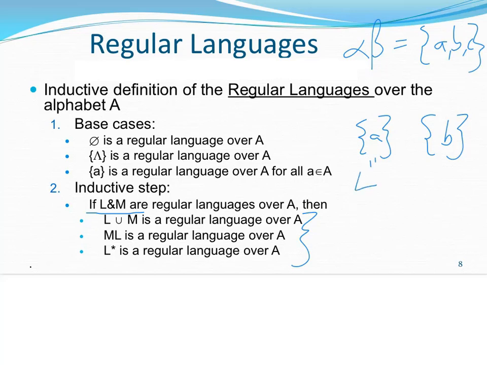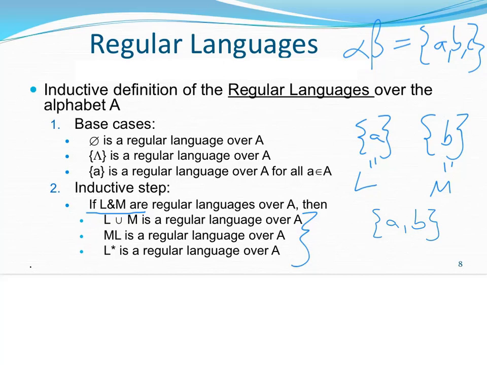We'll call that one the language L and that one the language M. This tells us that L union M is also a regular language. So what is L union M? Well, that would be the set containing these 2 strings, A and B. They do happen to be symbols, but in this case we're talking about a language. A language is a set of strings, so these are just strings of length 1.